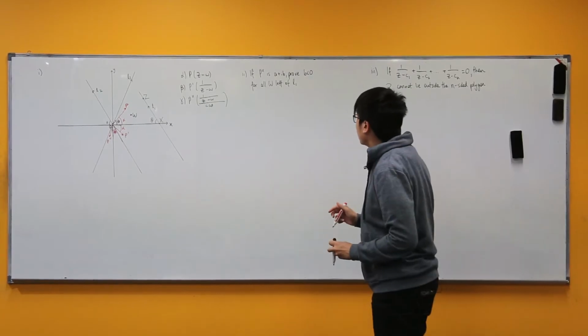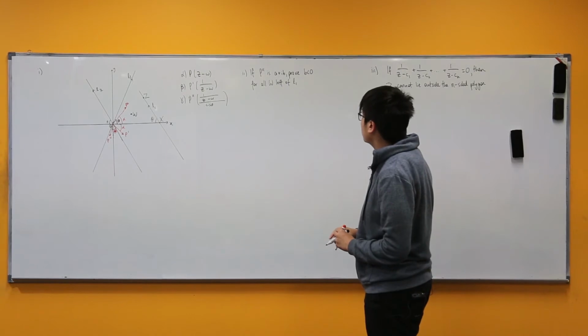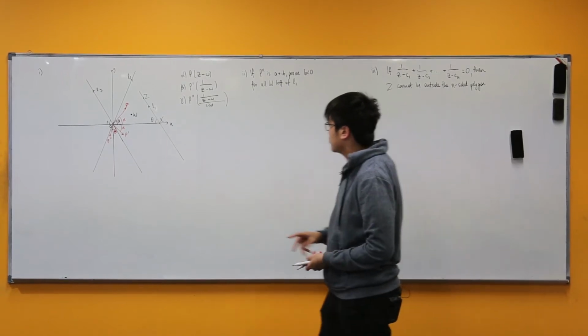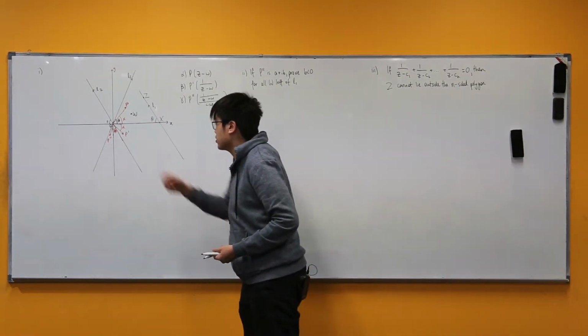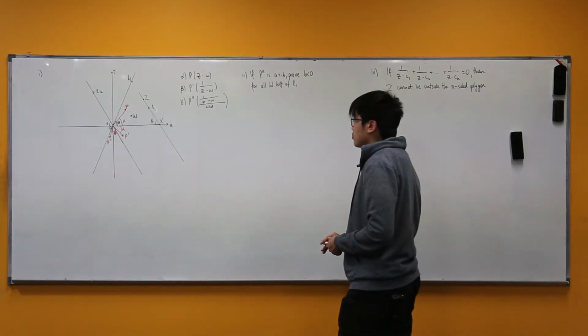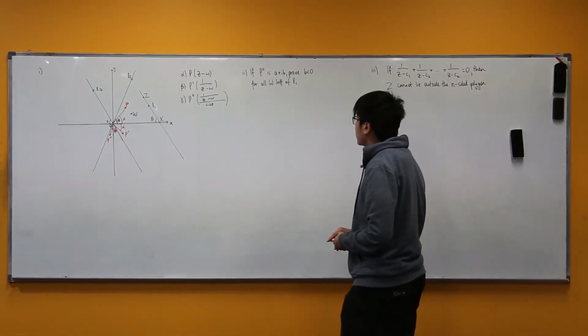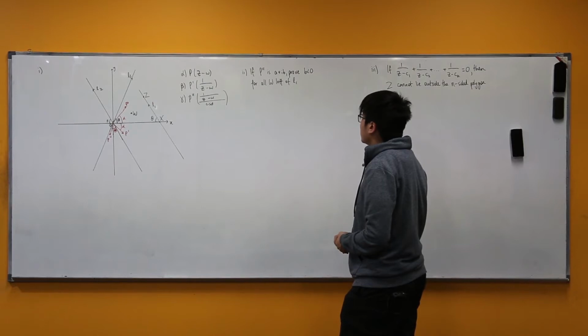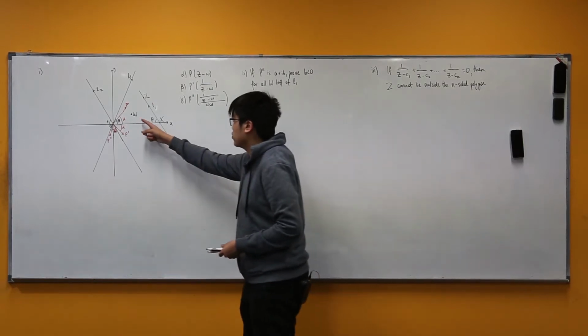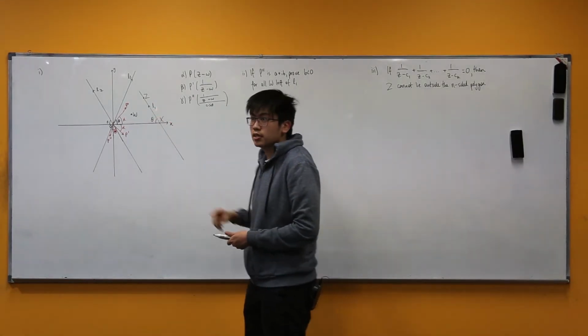So moving on to the next part, it wants to prove that if P dash dash is A plus iB, we want to prove that the imaginary part is less than 0, for the condition that W is left of L1.